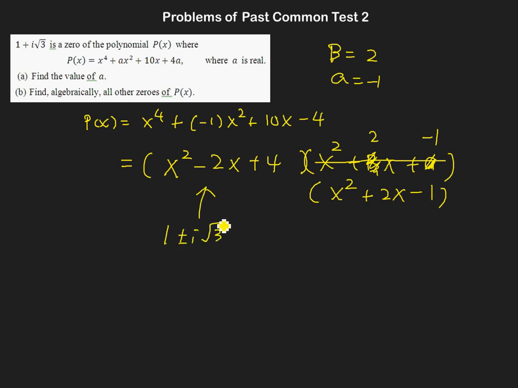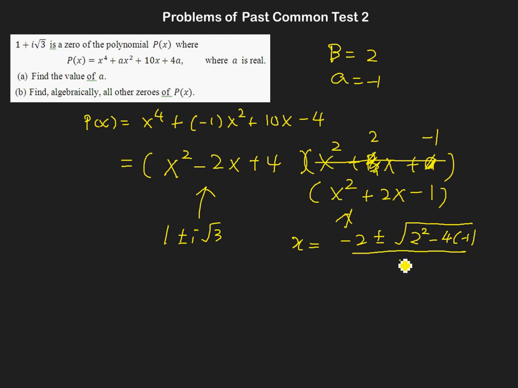But what about this? Simple, just use the quadratic formula. So x is equal to negative 2 plus minus the square root of b squared minus 4ac, so 2 squared minus 4ac, with a minus 1 here, all divided by 2.